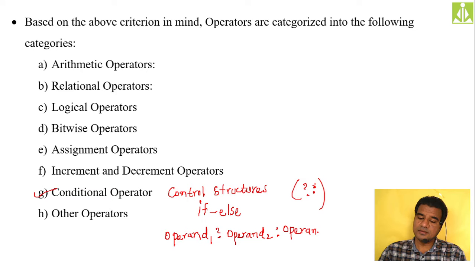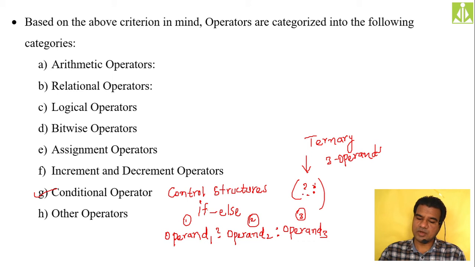As it is taking three operands to perform its functionality, we are calling this operator the conditional or ternary operator. Ternary, because it is taking three operands to perform its operation.